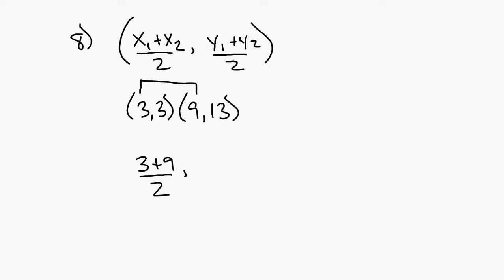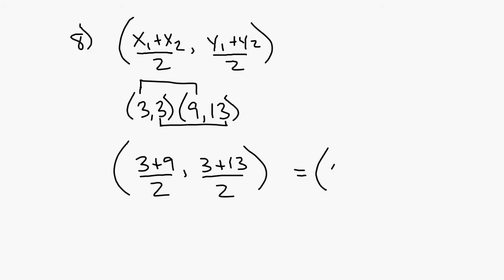You take 3 plus 13, you divide it by 2, and then you simplify it. So your midpoint would be equal to 3 plus 9 is 12 divided by 2 is 6. 16 divided by 2 is 8. There's your midpoint.